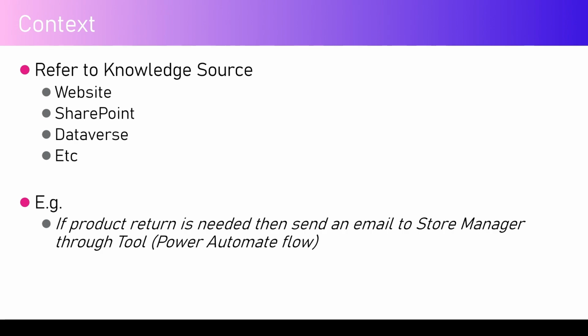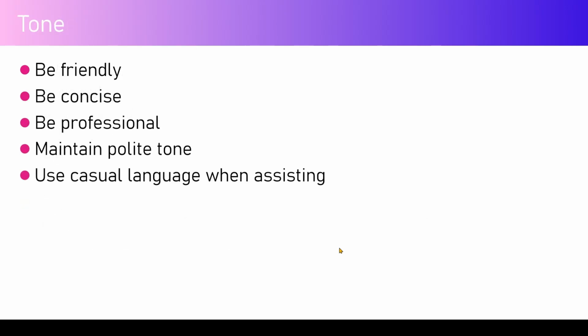The knowledge source can be a website, a SharePoint file, a Dataverse, or any other third-party system like ServiceNow, Salesforce, or any other system which the agent can refer to for context. An example is if a product return is needed, then maybe send an email to the store manager through the tool, and then you can specify which tool you are using. So if you have created a Power Automate flow, you can specify that Power Automate flow.